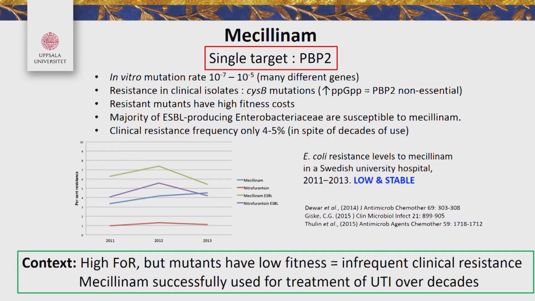But the resistant mutants do have a high fitness cost, and as a consequence, the majority of ESBL-producing Enterobacteriaceae are still susceptible to mecillinam. And mecillinam's not used here or broadly in Europe, but it's used in Scandinavia, and it has been used for quite a long time.